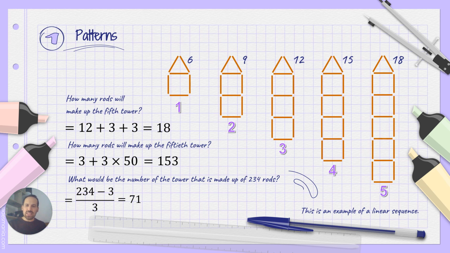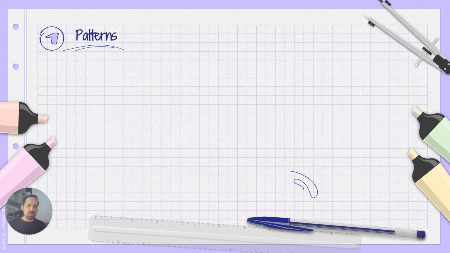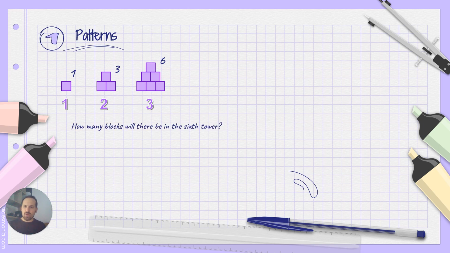So this is an example of a linear sequence, where you see it's just going up by a constant amount each time. But if we take something like this, where we're creating these little pyramids, and we've got term number 1, 2, 3, and we count up the number of blocks in each pyramid, you can see it's going 1, 3, 6. Say we wanted to know how many blocks will be in the 6th tower. Well, we could follow the pattern.